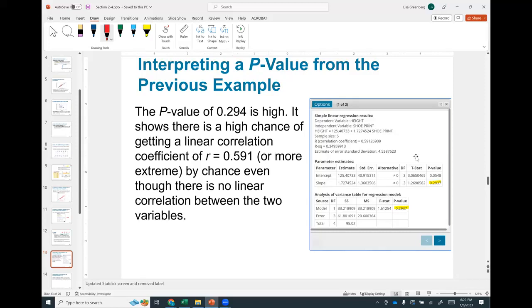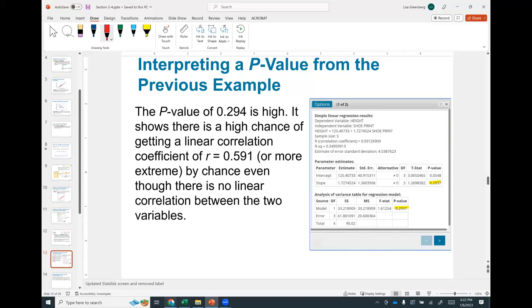Because this p-value is so high, that's a pretty high chance, almost 30%, that it just happens. It didn't happen because they really affected each other. So it's a chance of getting this or more by chance, even though there is no linear correlation between the two variables. So that p-value is too high.